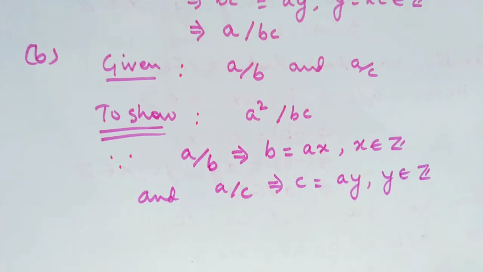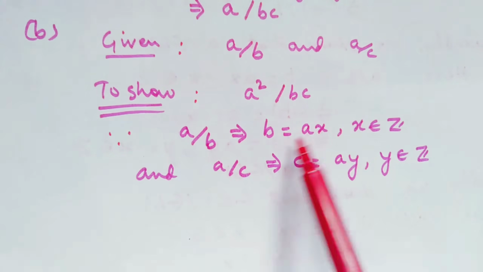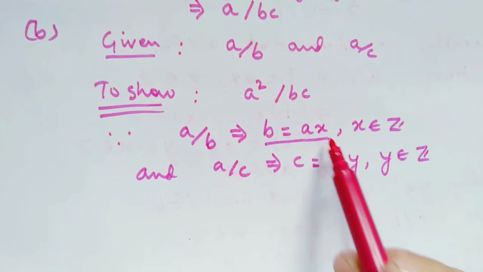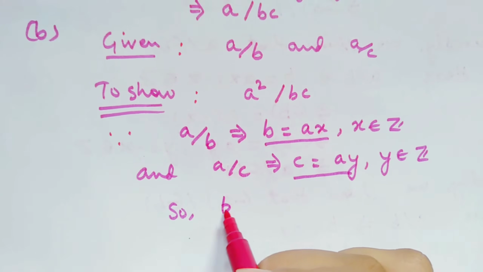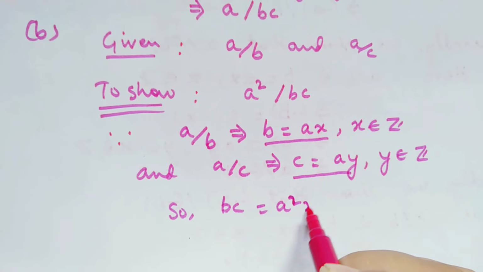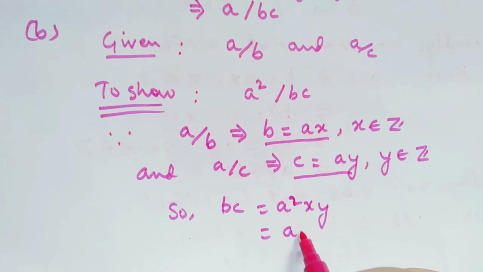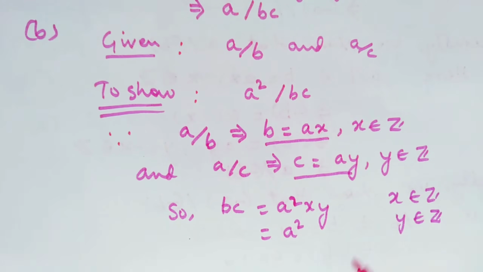Now we want to show that A square divides BC. To get BC, we have to multiply these two equations. So what do we have? B into C, we have A square XY. X is an integer, Y is an integer, so the product of two integers is again an integer.